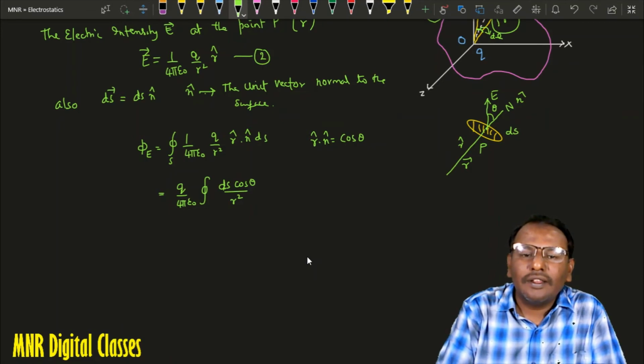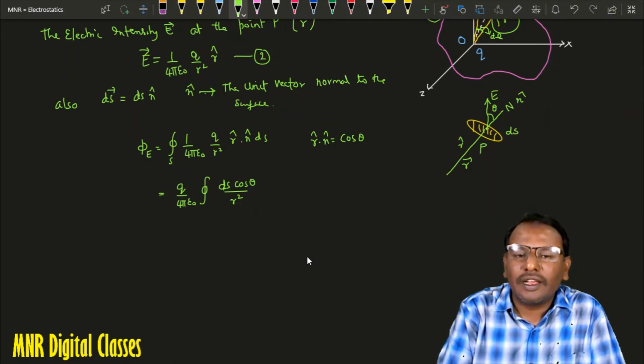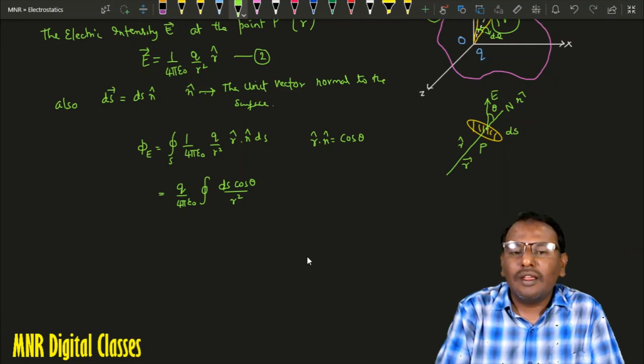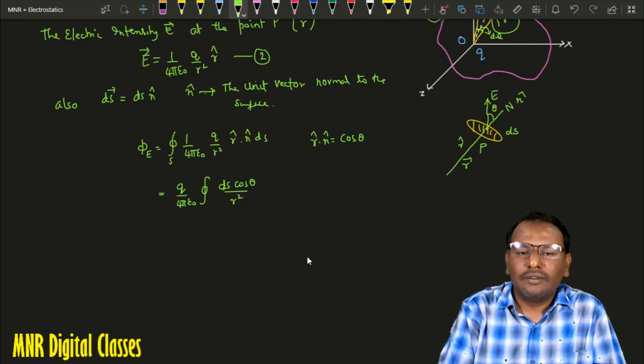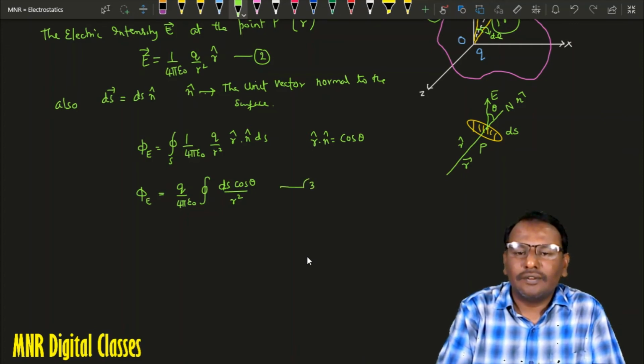Here we are taking q divided by 4 pi epsilon naught outside the integral because they are constant for a given system. So if we go on changing the surface, r changes. So surface integral of ds cos theta divided by r square. Call this as equation 3.